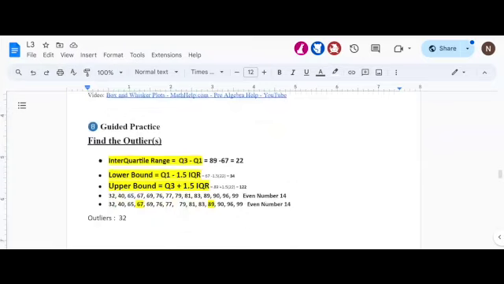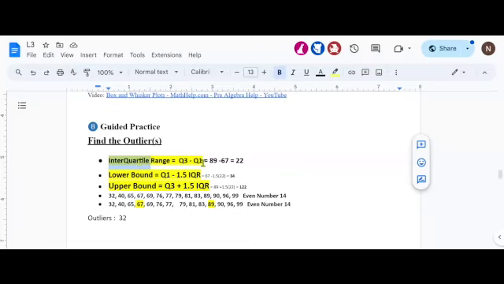Okay, so another guided practice is asking you for the range. How can I get the range for the interquartile? Quartile 1. Remember, now we are looking for the range of what? Not the numbers. The range of the quartiles.